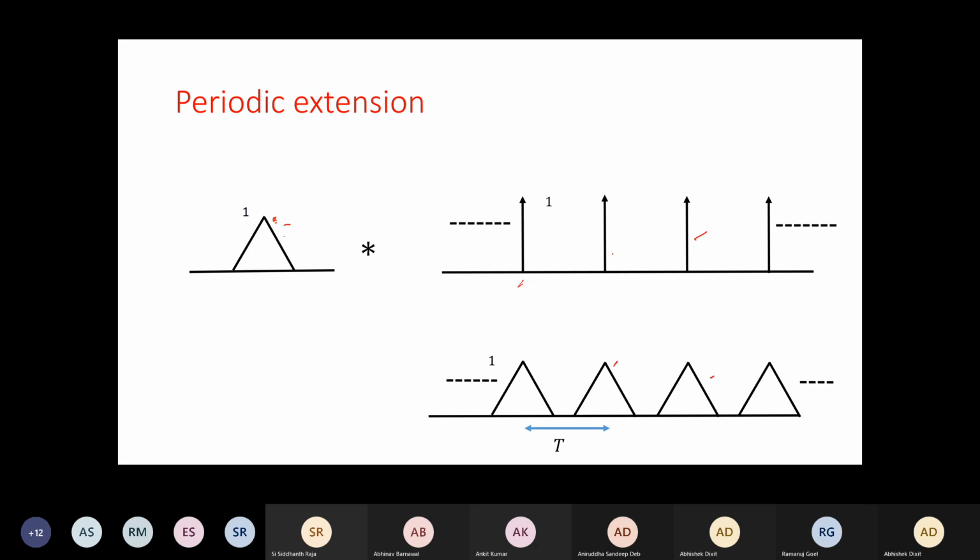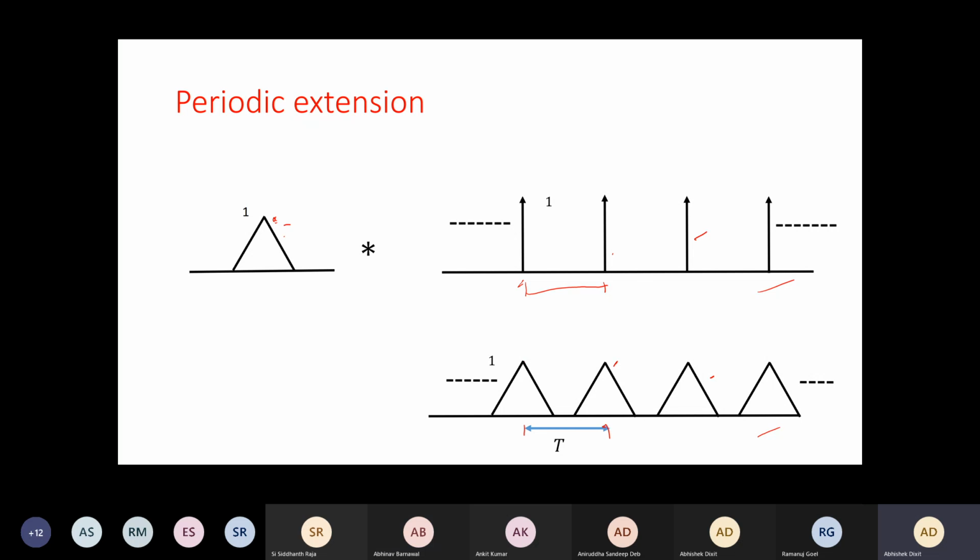Because the impulse train is periodic, the result also becomes periodic. So how do we do periodic extension? We convolve the signal with an impulse train, and we decide the period of the periodic signal by choosing the time period of the impulse train. Clear?